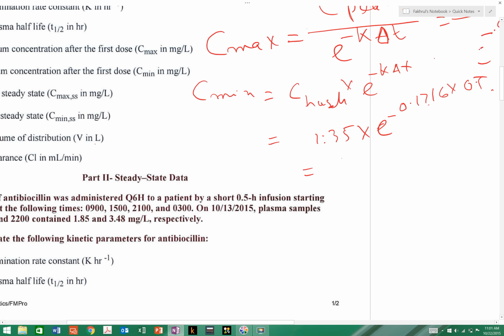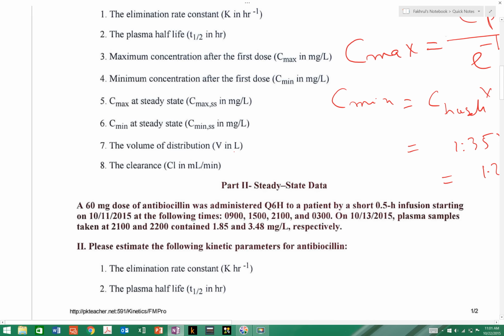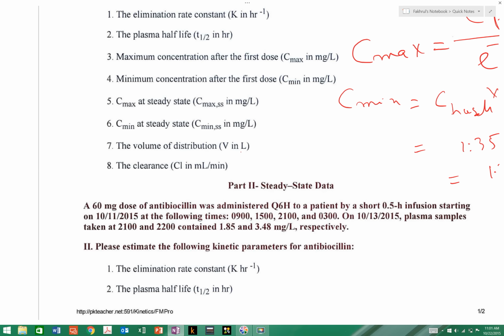So this should give you a Cmean of 1.239 milligram per liter. So we have Cmean and Cmax after the first dose.